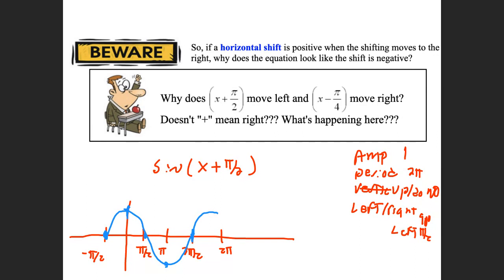So if you were doing Desmos and wanted to check yourself, put in this function and put in the cosine of x. They should be the exact same graph. They should go right on top of each other. Pretty cool. Some of you are like, that guy's crazy. That's not pretty cool. That's crazy stuff.